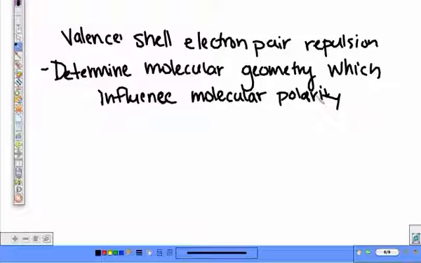Okay. So let's just do NH3. N has 5 valence electrons, and then each hydrogen has a valence electron. Like that. So how many atoms are bonded to the central atom? How many lone pairs? So what kind of geometry would it have?